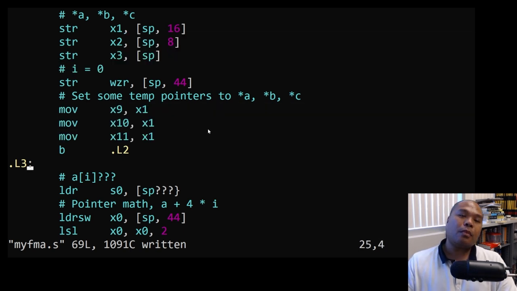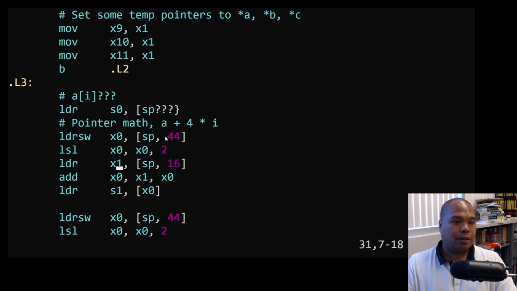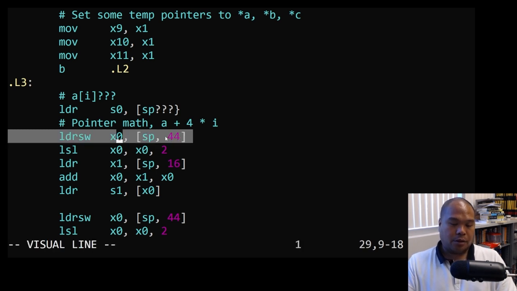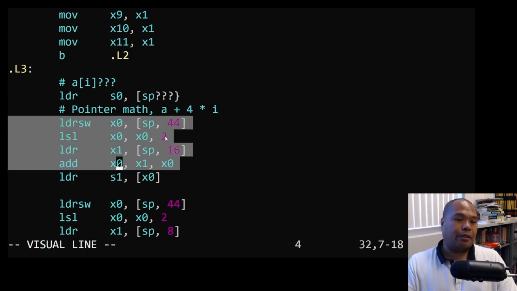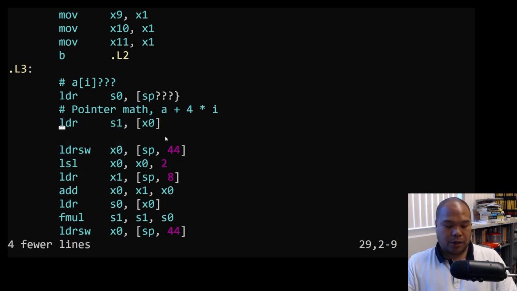So basically, what's going to happen now is X9 is the pointer to A, X10 is the pointer to B, and X11 is the pointer to C. Now, I'm going to delete all this stuff. If this is A, what I'm going to do here is dereference this at 9.